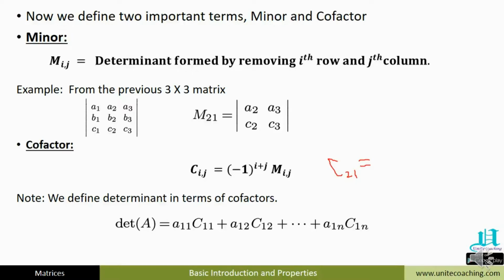C21 is equal to minus 1 to the power 2 plus 1 into M21, right? And minus 1 to the power 2 plus 1 is minus 1 to the power 3, and minus 1 to the power 3 is equal to minus 1, so C21 is minus 1 into M21.